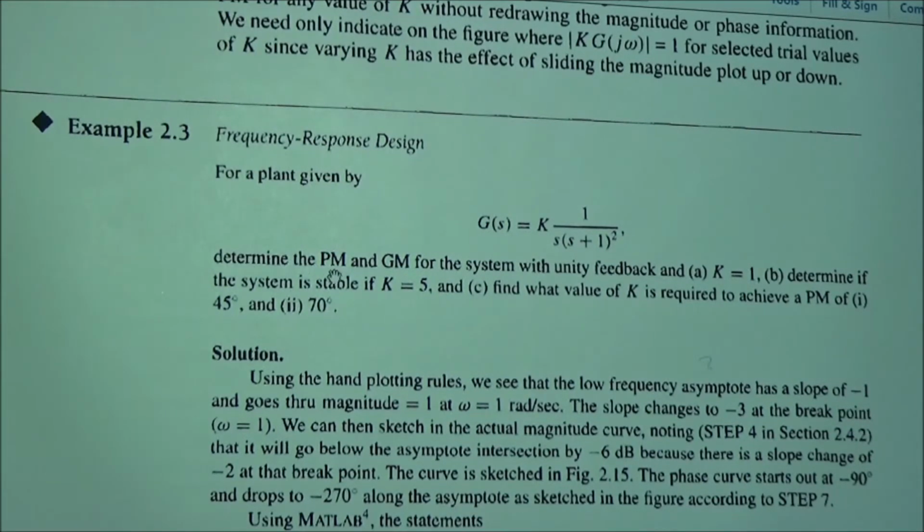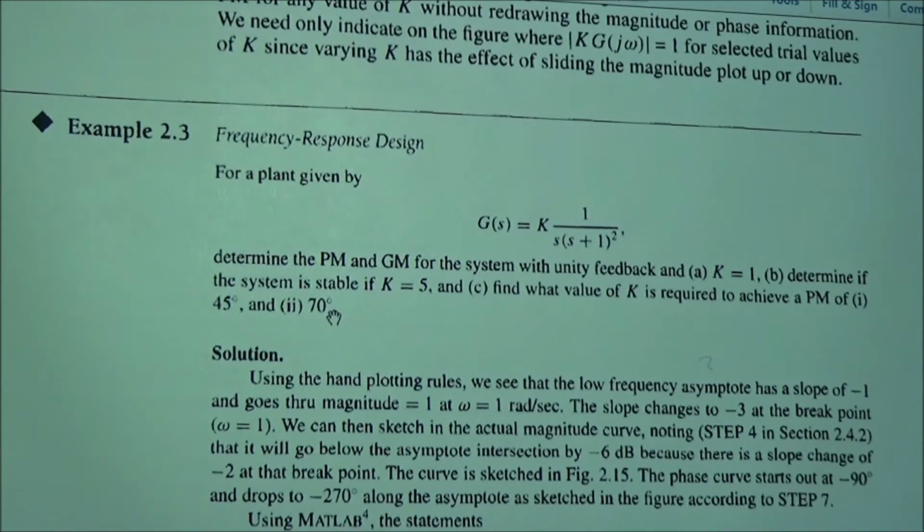You want to find the phase margin and gain margin of the system, with a unity feedback where we have a gain k equal to 1, and we want to also find out if the system is stable if you increase the value of k from 1 to 5. And finally find what value of k is required to achieve a phase margin of 45 degrees or 70 degrees.